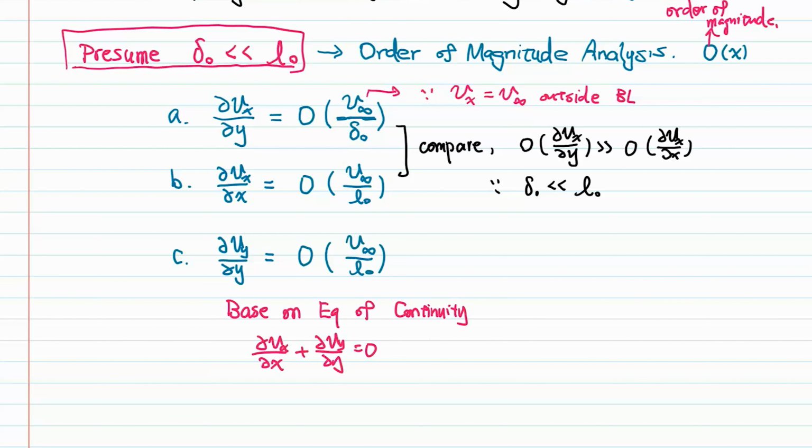So that means they must be of the same order of magnitude for the equation of continuity to hold. In other words, the important analysis behind this is that we now know that Vy should be on the order of delta naught over L naught times V infinity.